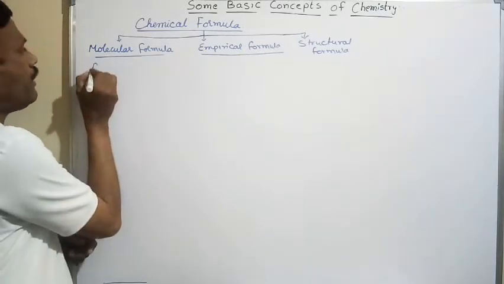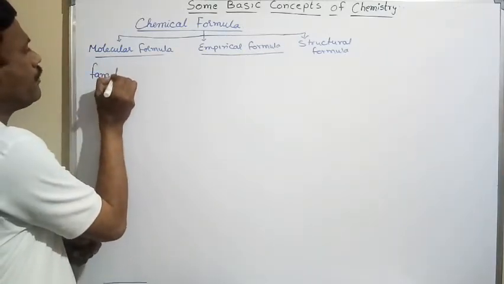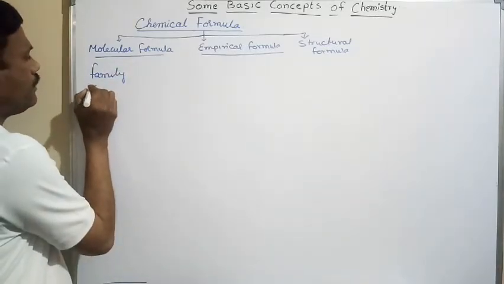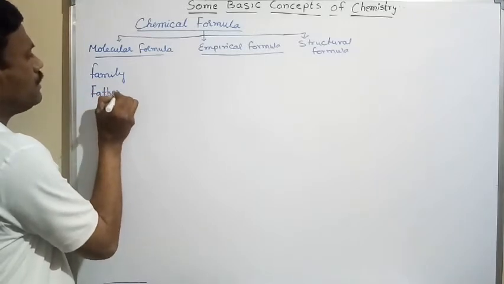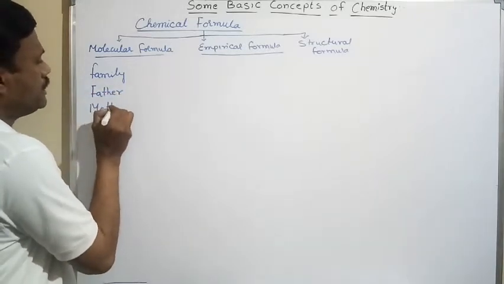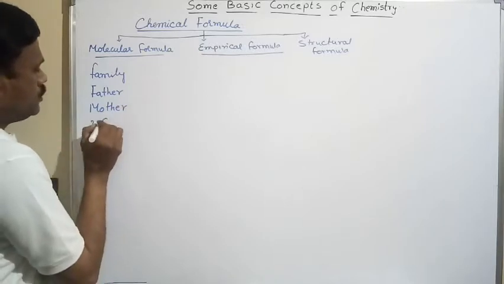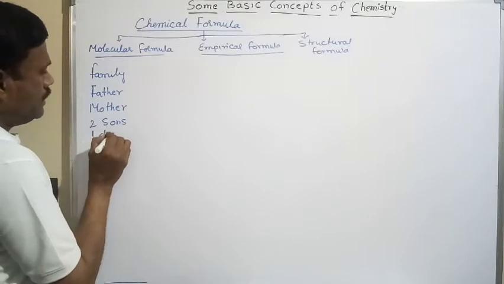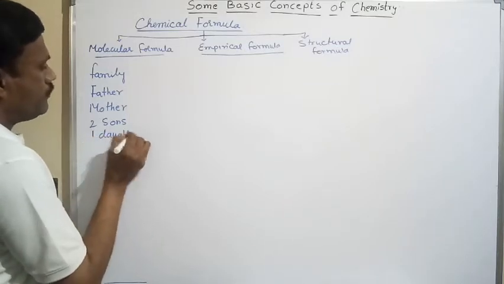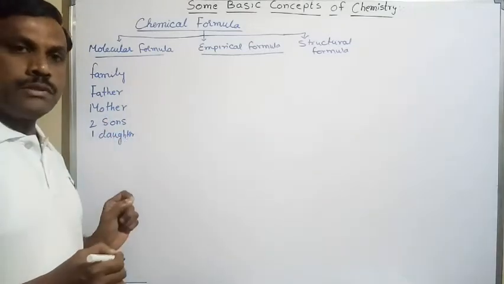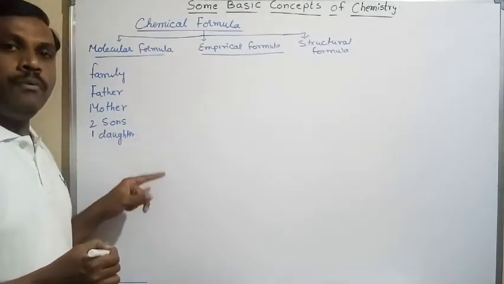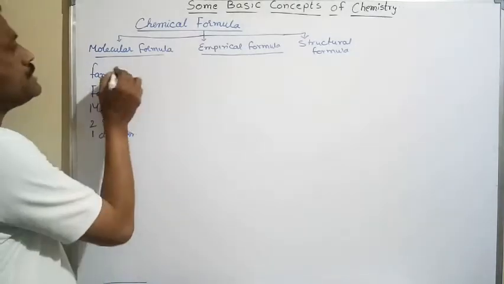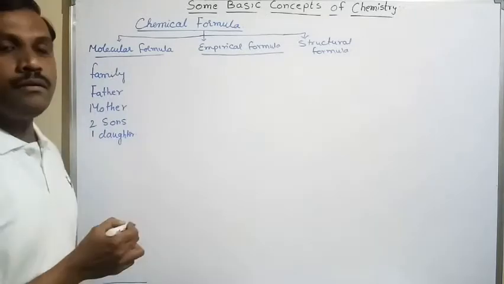Say a family consisting of father, mother, two sons and one daughter. So this gives the specific number of family members. The same principle is applied in molecular formula.